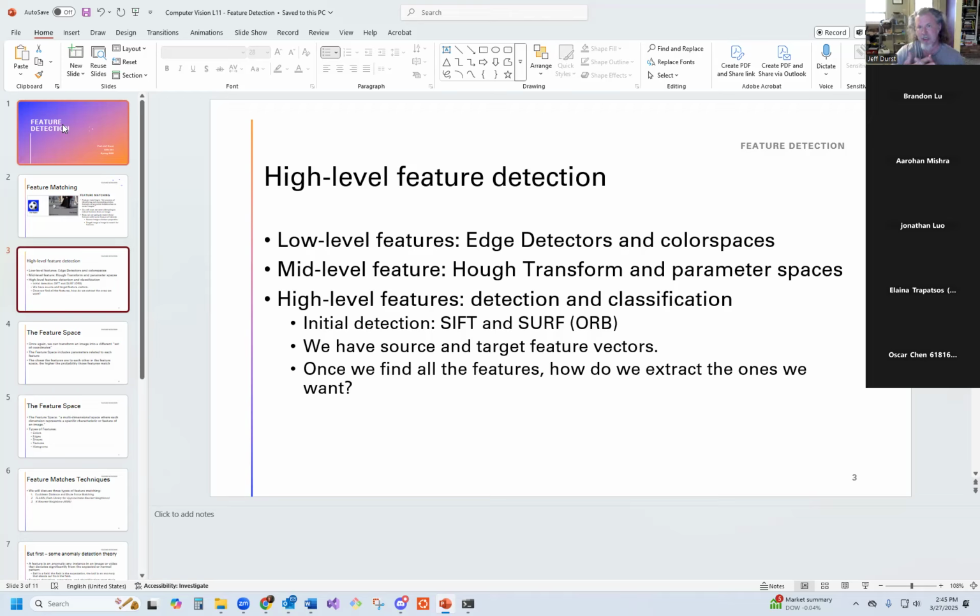High-level features, where we're talking about detection and classification, that is where we work in the feature space, right? So we've gone not only from a low-level task where we're working with the pixels, and we move past that mid-level space where we're looking at parameters that still make a lot of sense to a person. I can look at a hue space and a hue transform and understand the R theta of it all.